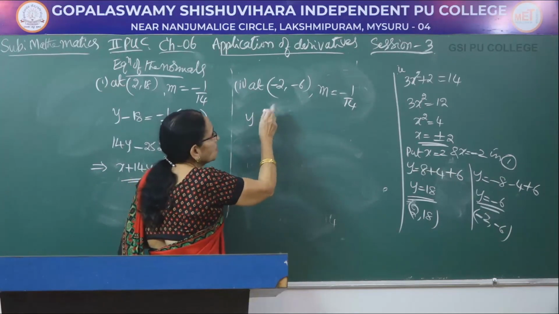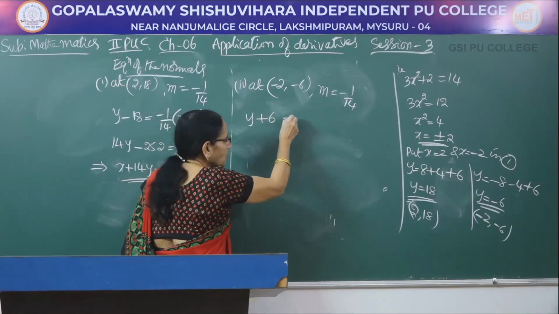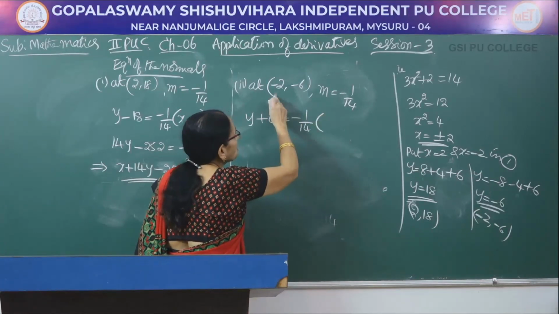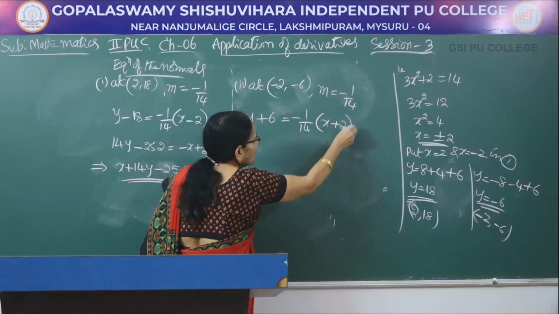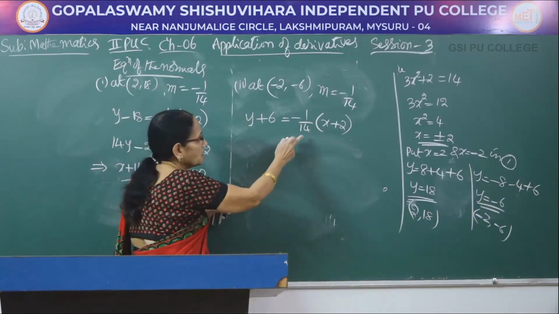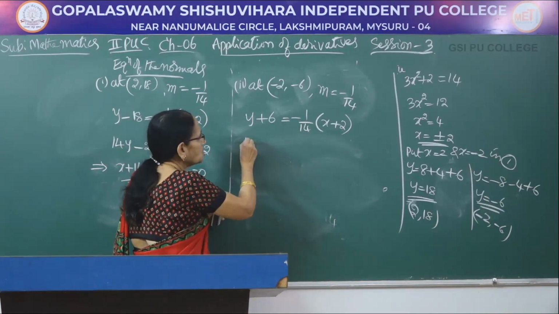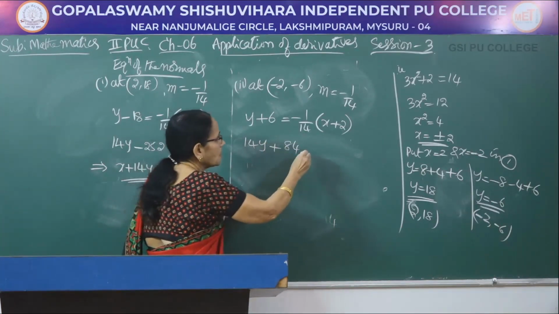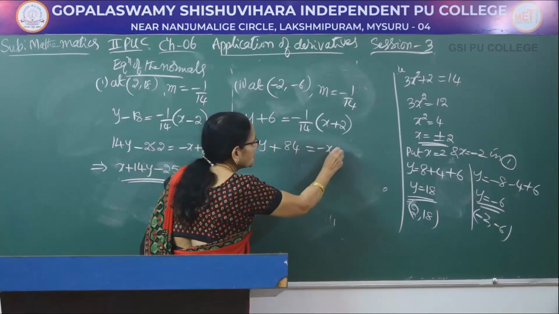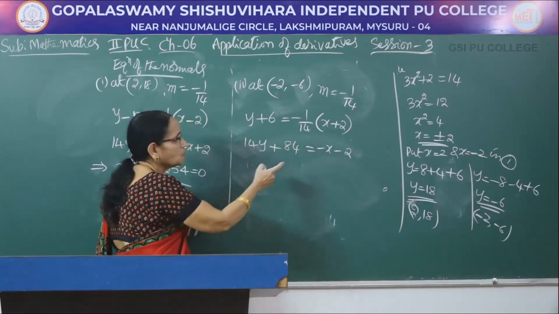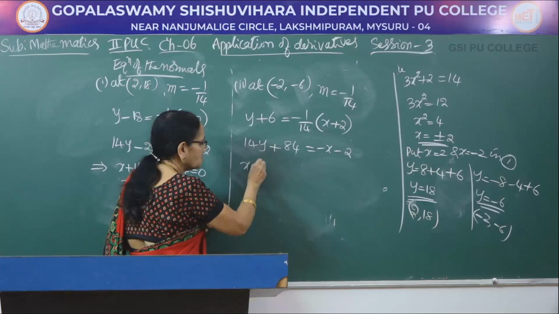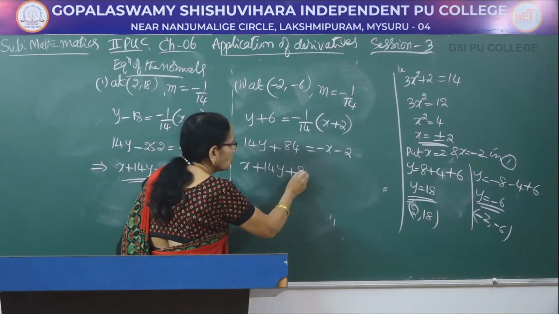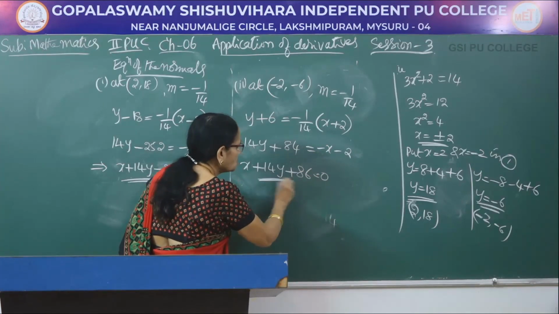Apply the same formula, y minus of minus 6, that is equal to minus 1 by 14 into x minus of minus 2, that is x plus 2. Here also cross multiply: 14y, 14 6s are 84, that is equal to minus x minus 2. Take them to the same side, minus x will become plus x plus 14y. This also becomes positive, 84 plus 2, 86 equal to 0.